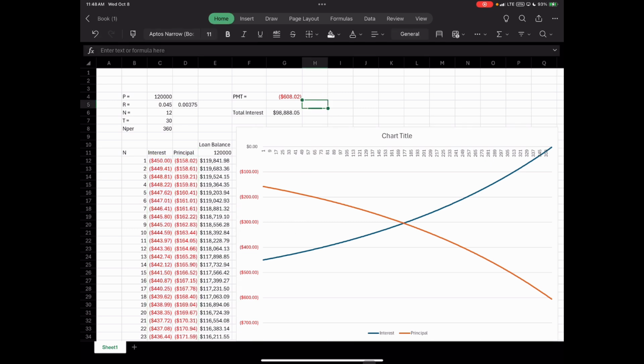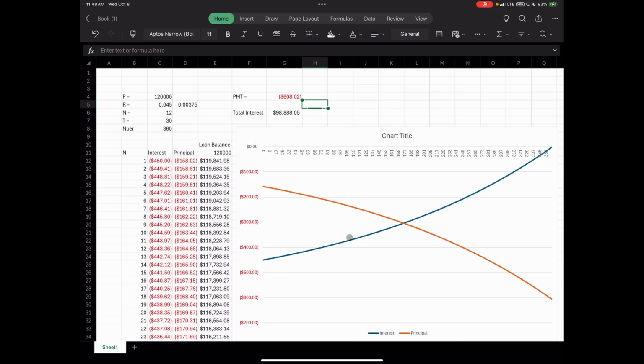And so what we can see here is that this interest part, if this is 0, and I told you these are negative numbers, because the payment out is considered a negative value. My principal payment gets larger and larger as time goes on, because this is the number of months that have passed on the horizontal axis. My interest part of the payment gets smaller and smaller, closer and closer to $0.